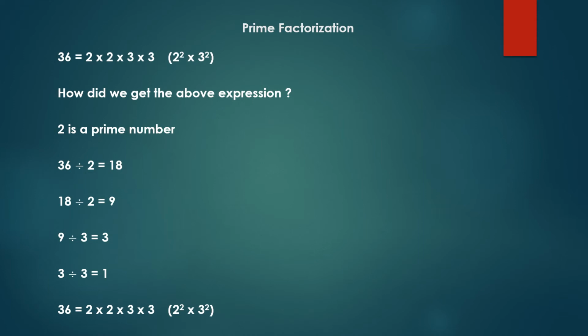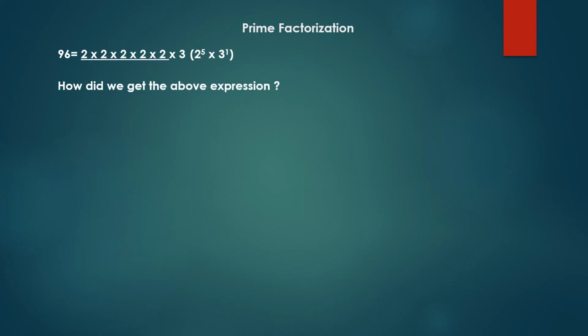Now let us do the same process for 96. Is 96 divisible by 2? Yes. When I divide 96 by 2, I get 48. Again I divide 48 by 2, I get 24. Again I divide 24 by 2, I get 12. I divide 12 by 2, I get 6. I divide 6 by 2, I get 3.